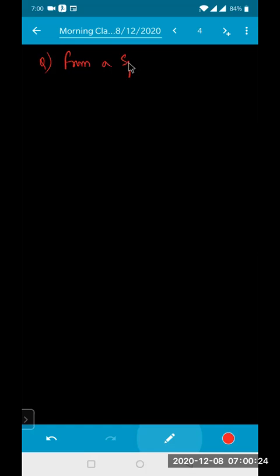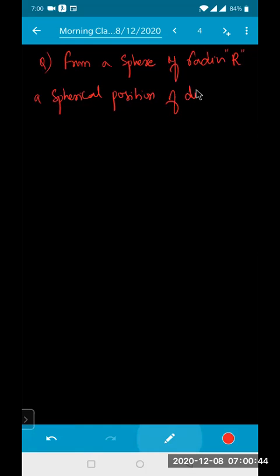From a sphere of radius capital R, a spherical portion of diameter capital R is cut such that the shift is maximum.